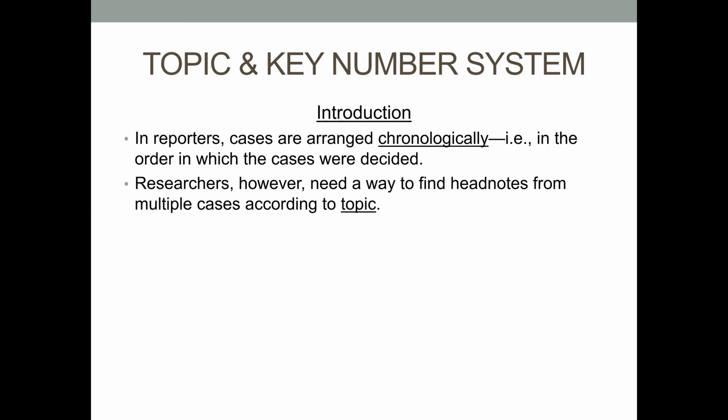They are not organized by topic, according to what type of law or issue of law they address. When you're a researcher, though, you need a way to find cases by topic, and simply having shelves full of books in which cases are published chronologically does not help you.